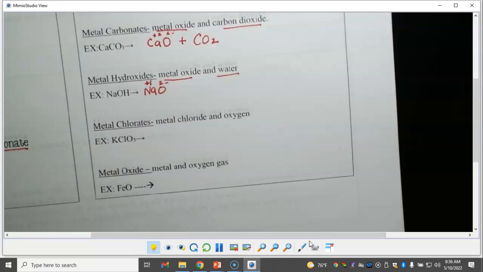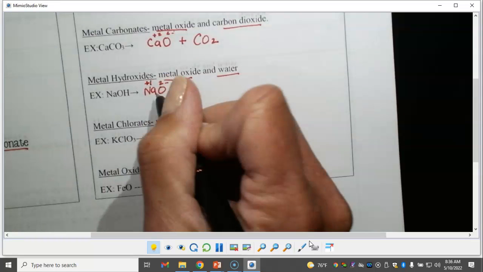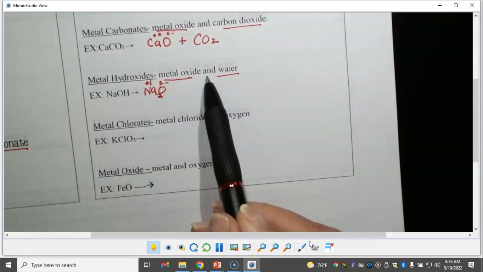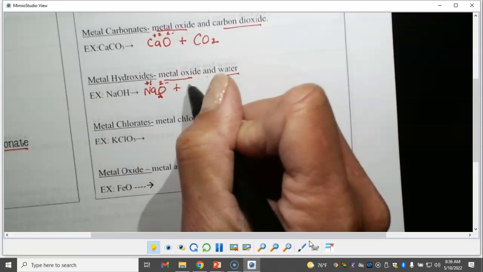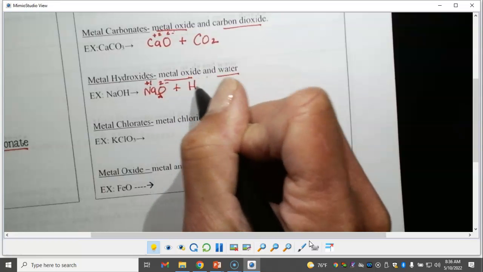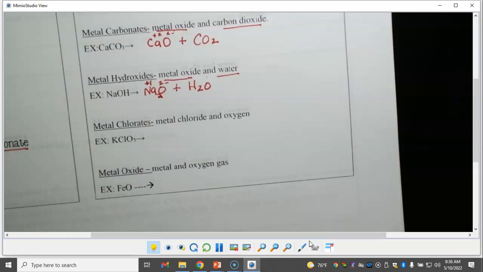So who needs my subscript? Sodium needs a 2. So that's my metal oxide and water. So every metal hydroxide breaks into a metal oxide and water all the time.